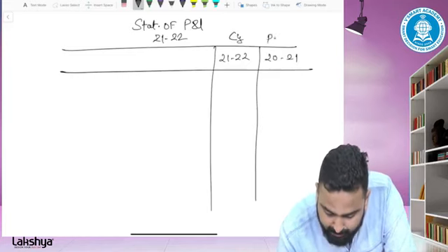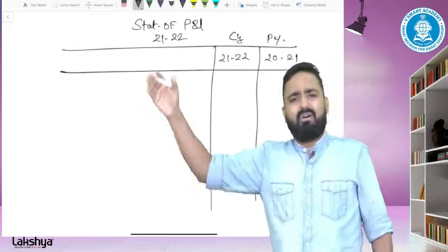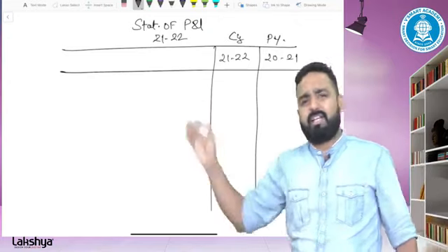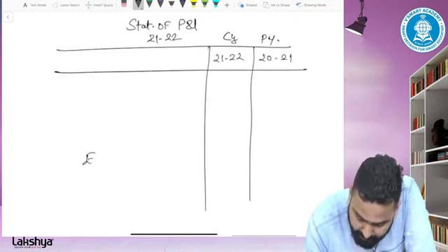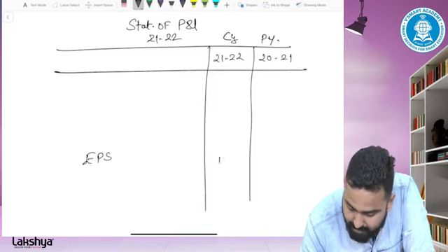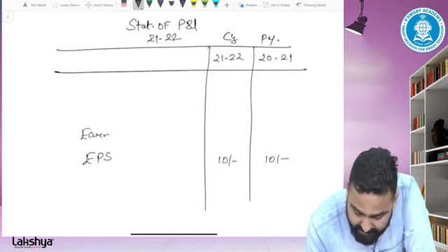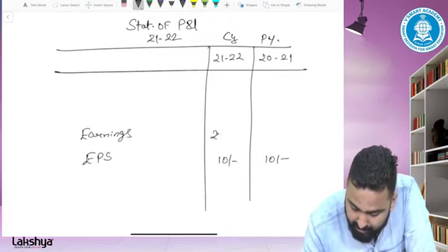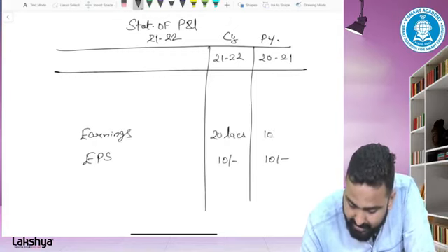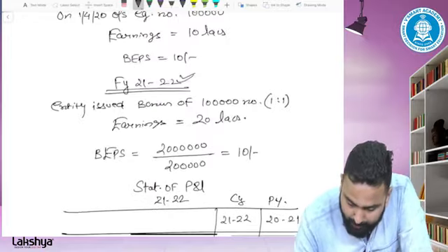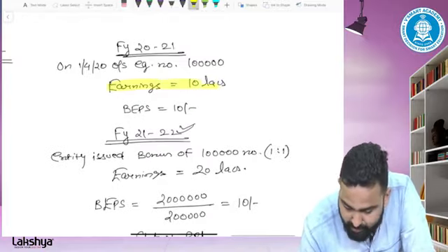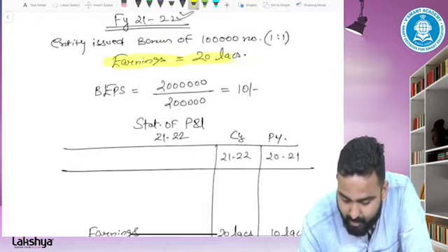Forget about revenue from operations and all the expenses, all the incomes. Finally, when you show your EPS, it will be 10 rupees and 10 rupees. But the earnings in absolute terms here are 20 lakhs and here are 10 lakhs. You got my point? Here your earnings were 10 lakh, here your earnings are 20 lakh.